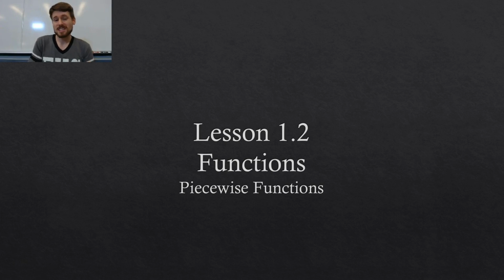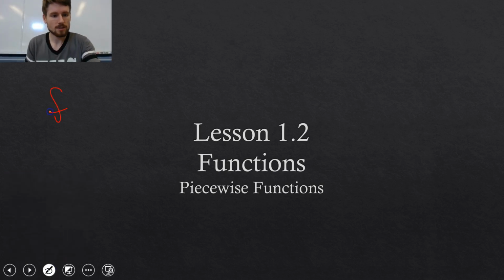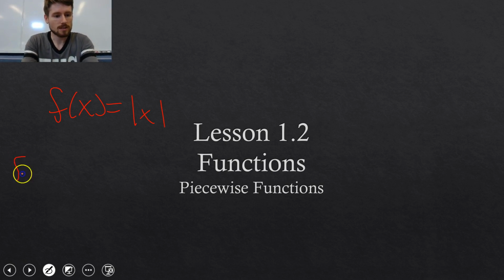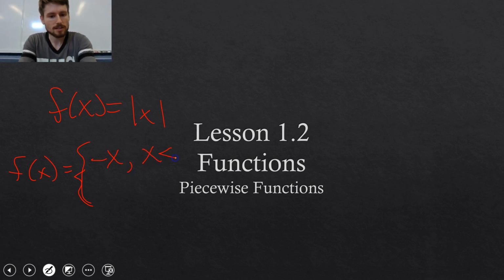So we've actually already seen an example of a piecewise function, and that was the function absolute value of x. So f of x equals absolute x had a piecewise definition, and we're going to see this a lot in this lesson. And you have these squiggly braces, and these squiggly braces you use to separate out the rules. So the first rule was multiply it by -1 if the inputs are less than 0.